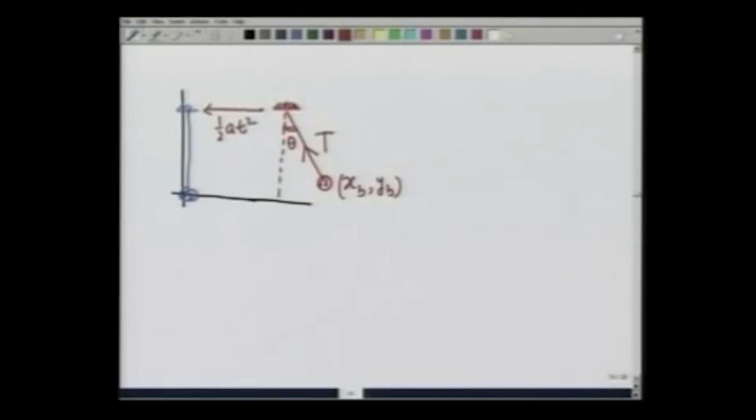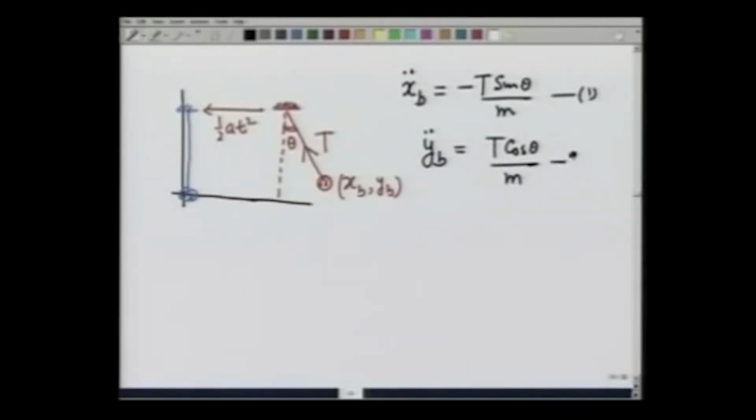Let the tension in the string be T. Let us write the equations of motion for the ball. I am going to have x b double dot is equal to minus T sin theta divided by m. That is my equation 1. I am going to have yb double dot is equal to T cosine of theta over m minus g.